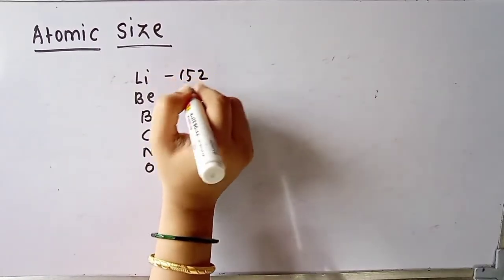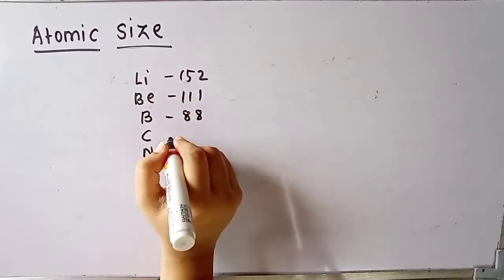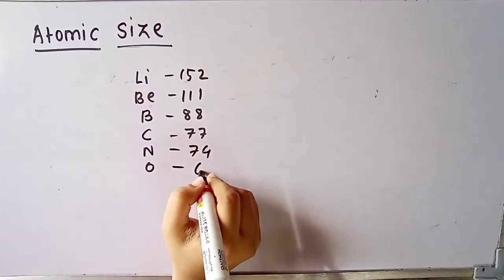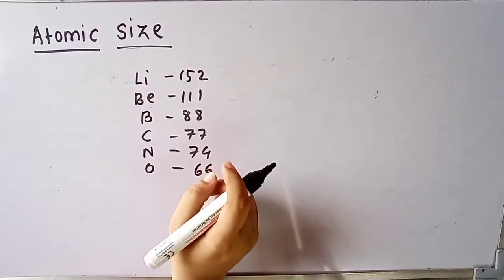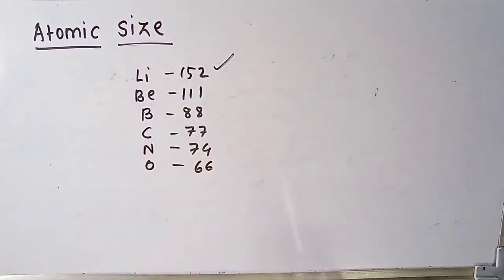The atomic radii are 152, 111, then 88, then 77, 74, and 66. So you have to arrange them in decreasing order. So the greater one is first. So Li, Be, B, C, N, O. Okay, this is the answer.